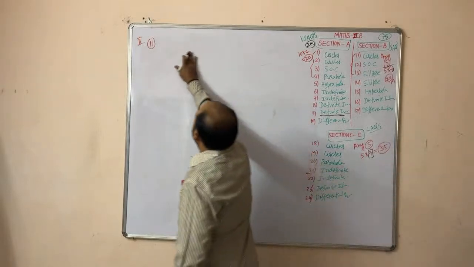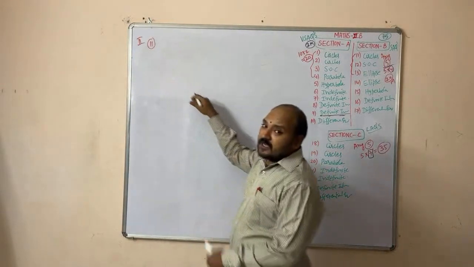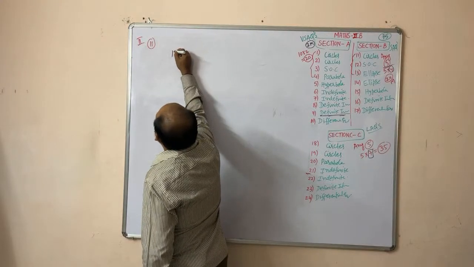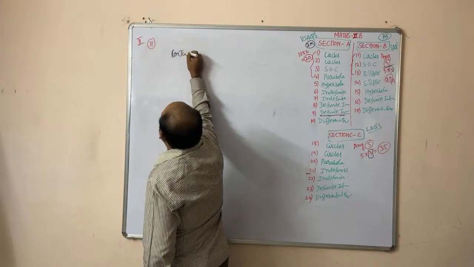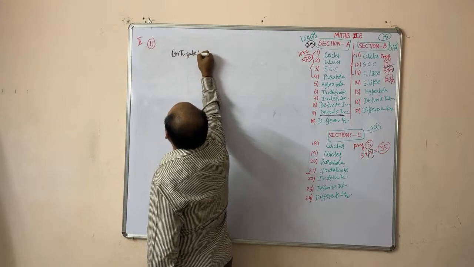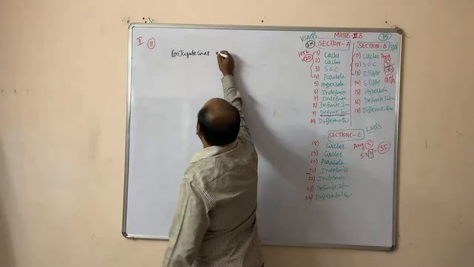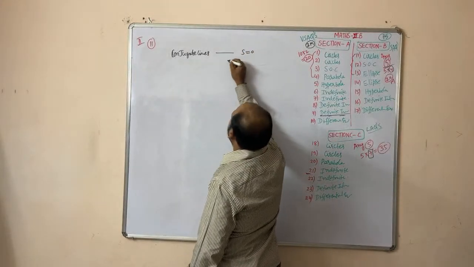In the fourth exercise of circles, conjugate lines. What is the condition for conjugate lines with respect to the small circle and the big circle?